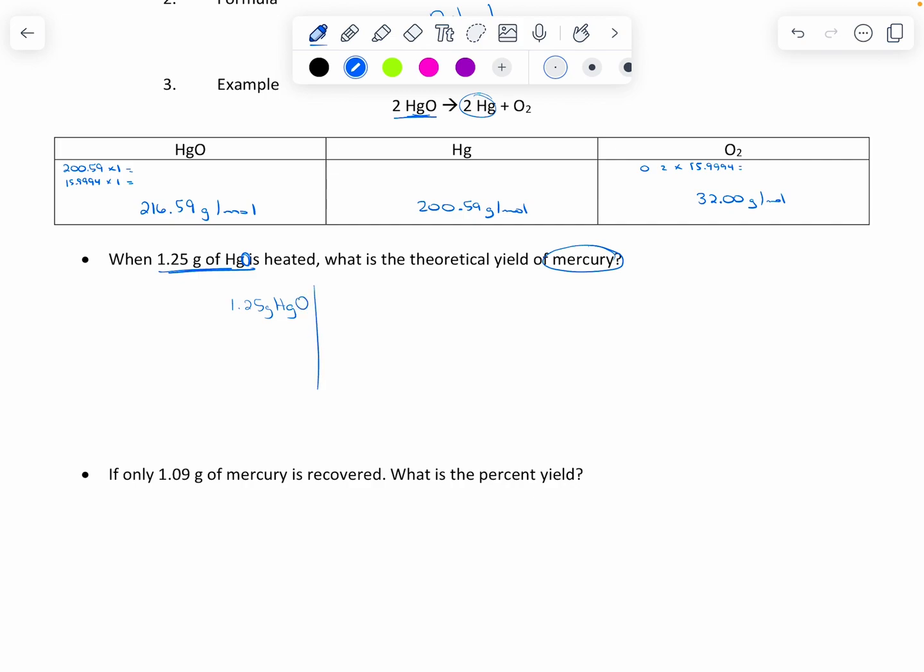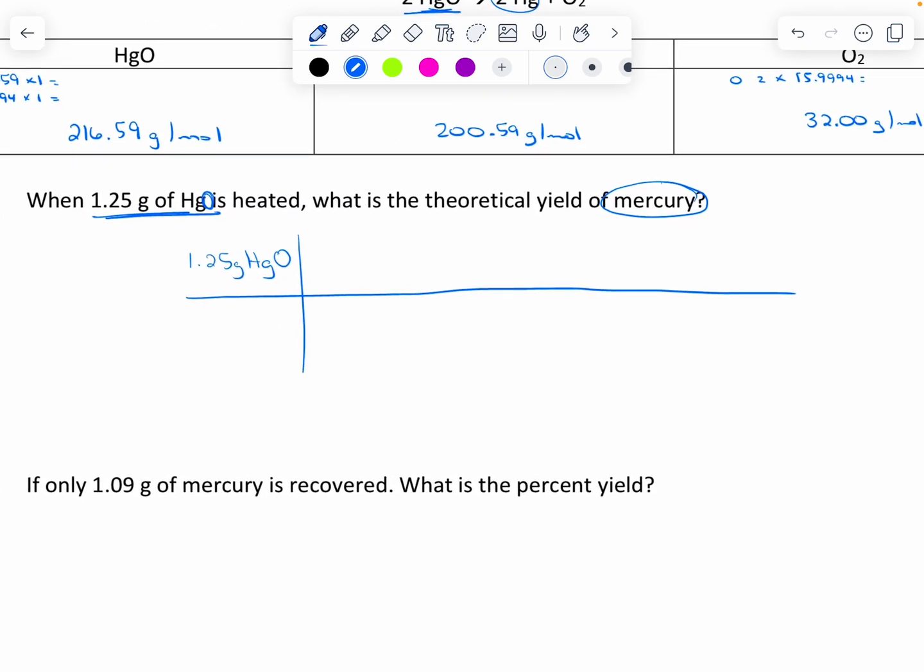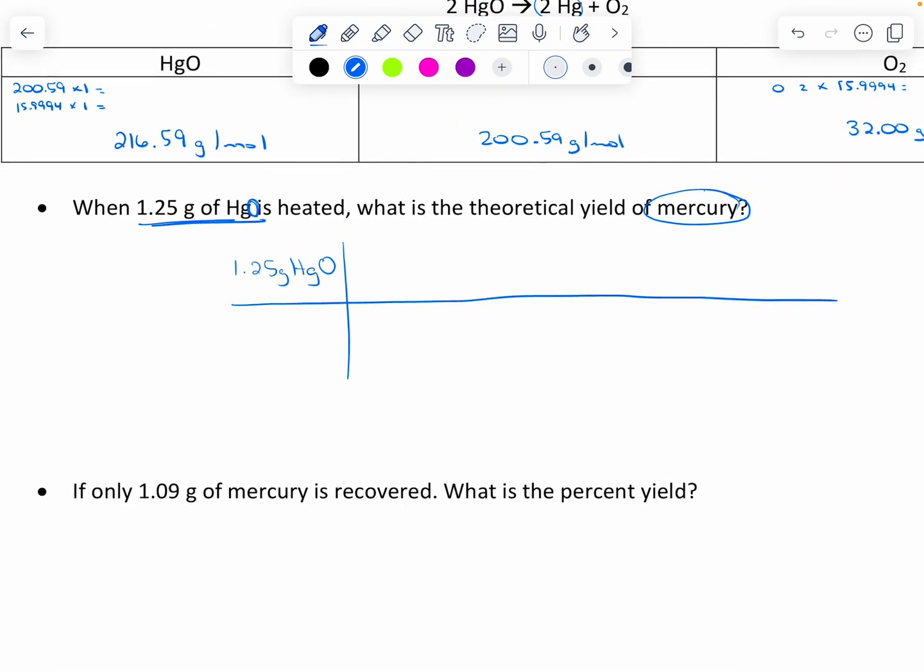It will be fixed on yours, but for mine right now, it is not, because I haven't printed these off yet. We're going to divide by 216.59 grams of HgO per 1 mole of HgO. So we are just doing a stoichiometric line to find the theoretical yield. To help you remember, you will need a stoich line to figure out the theoretical yield.